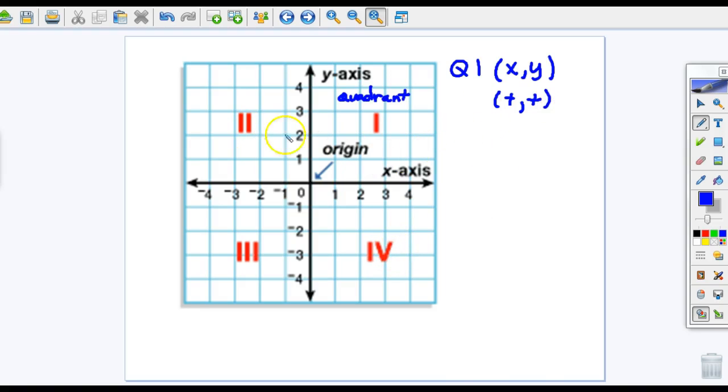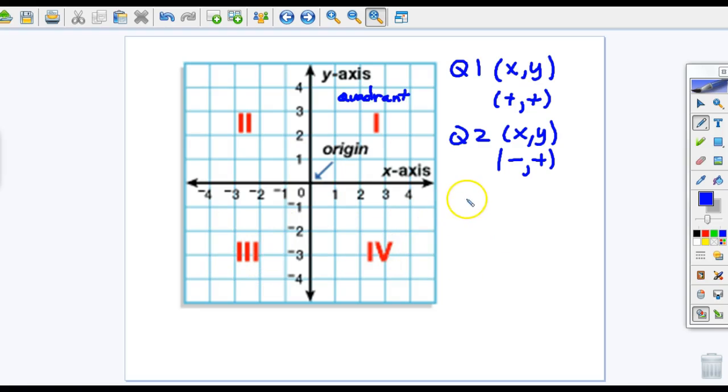When we're looking at quadrant 2, our x and y values of our ordered pairs will always be positive y, negative x. Negative x, positive y.